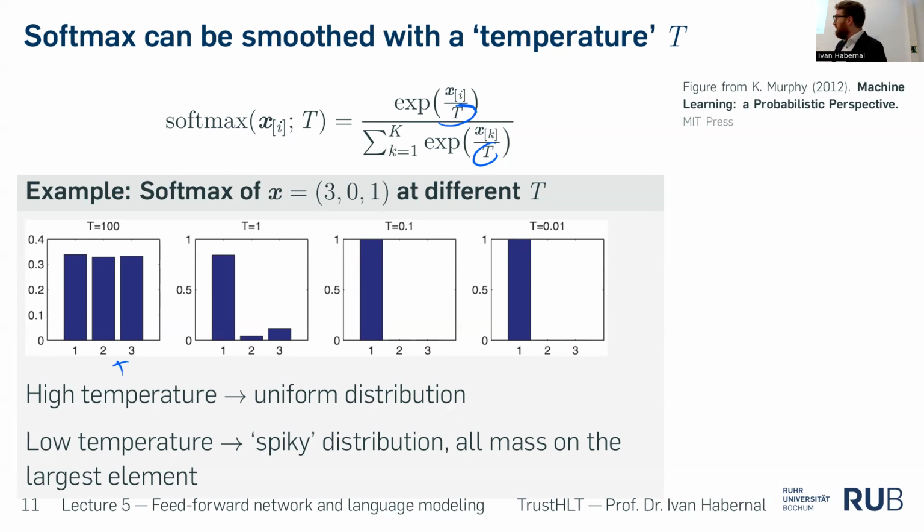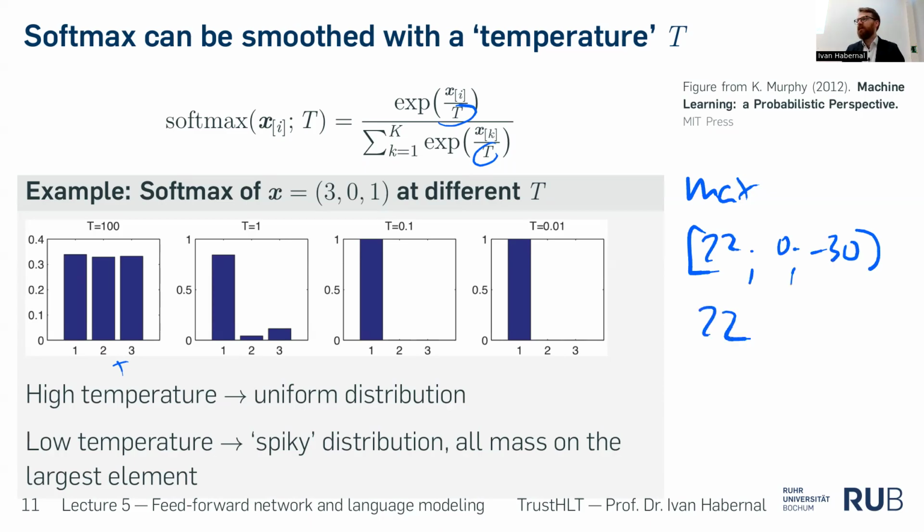So the softmax name is actually wrong. It's not softmax because you're not getting the maximum. If you're thinking about the max of a vector, it's basically the max value. So I don't know, 22, 0, minus 30. The max would be 22. Softmax is giving you something like that. So it should be something like soft arg max.